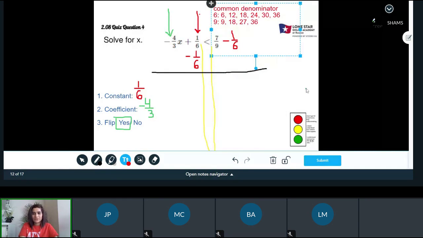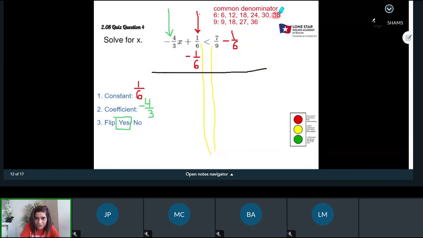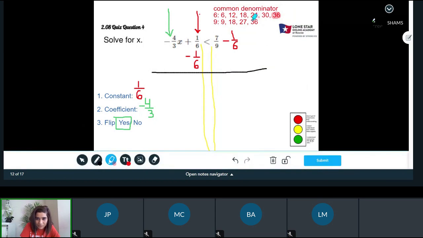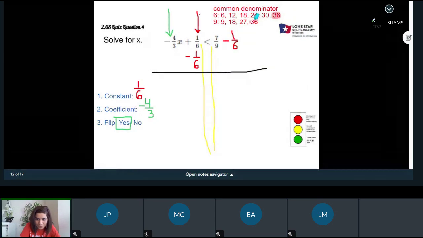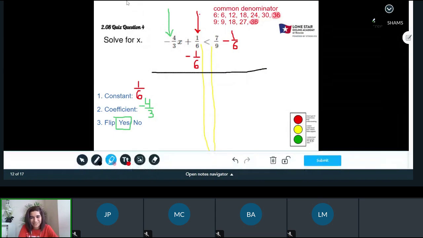Oh, I stopped at the common number. You guys see which one is the common number? 36 is the common number and this is the least common number. So this is the new denominator that I will have. Very good, Emiliano and London, for helping me. So the new denominator has to be 36.